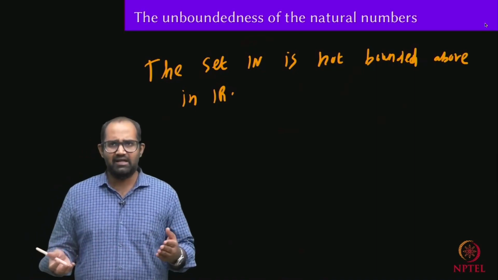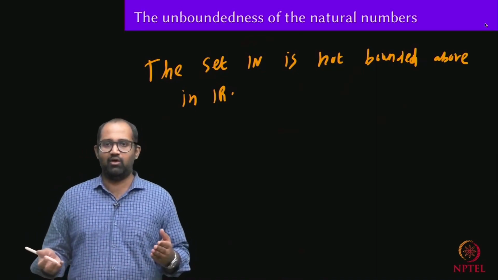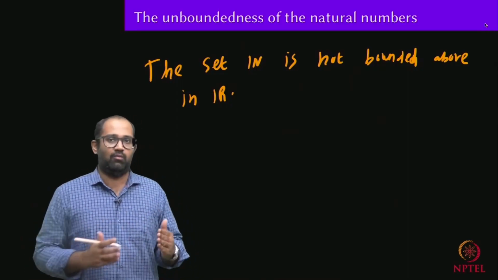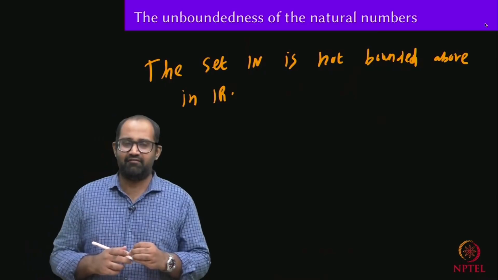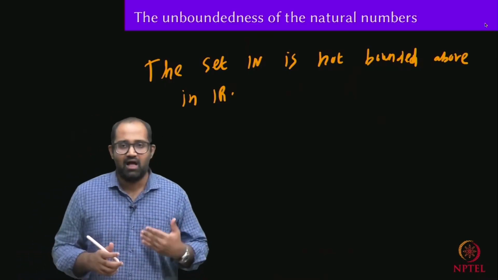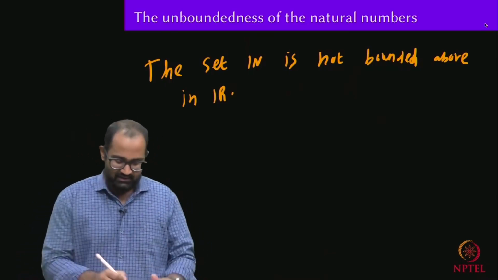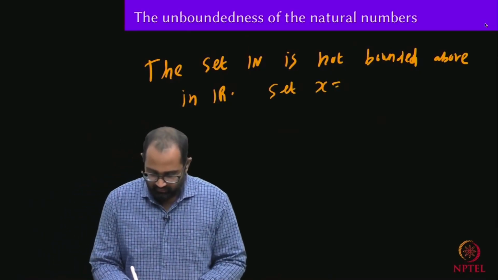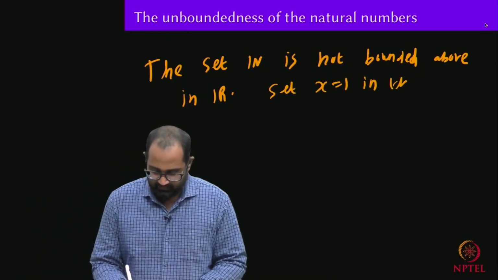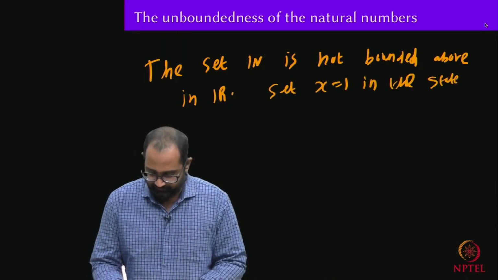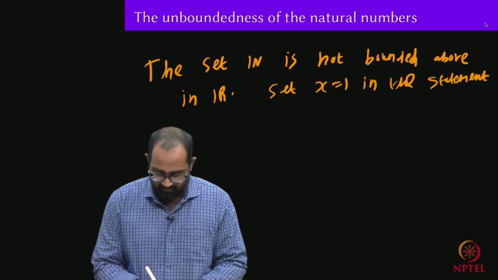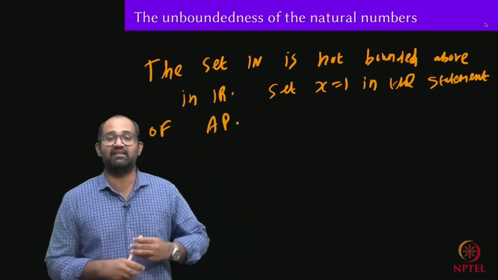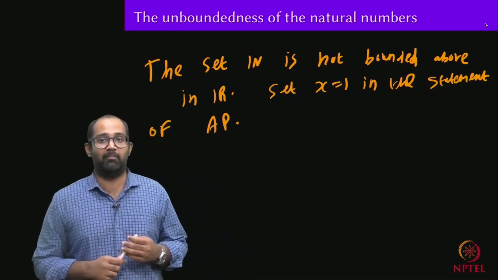This seems completely obvious. But it still requires a proof, and the proof of that is just what we did for the Archimedean property. In fact, I am not going to repeat the proof. I am just going to use the Archimedean property. What I am going to say is set x equal to 1 in the statement of the Archimedean property, and you will see that the set N is not bounded above in R.